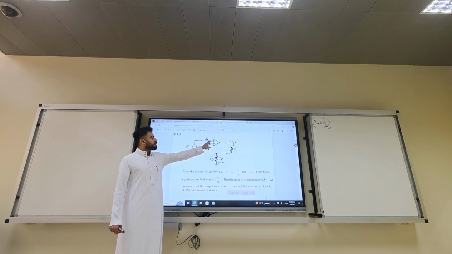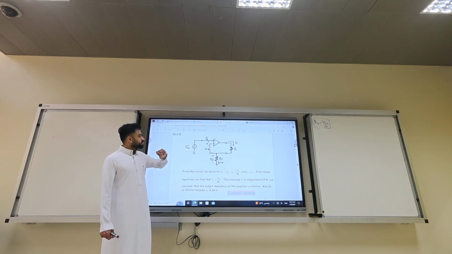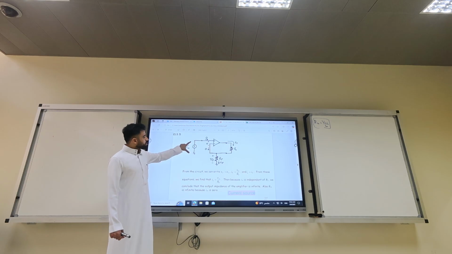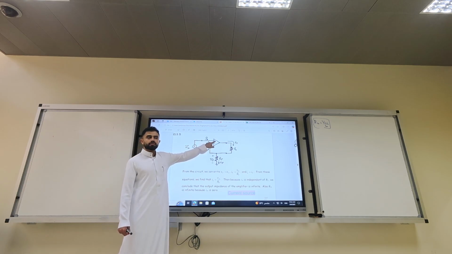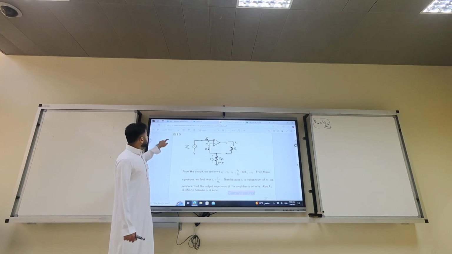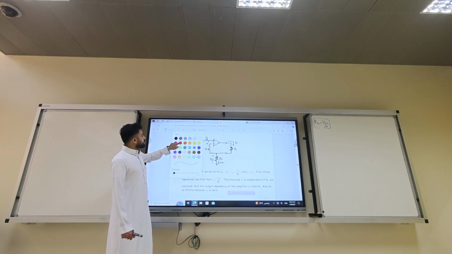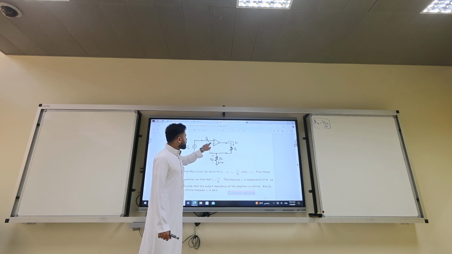Now I have the summing point constraints. V positive equal to V negative. But we are smart enough. Because V input, what's the voltage drop at the positive terminal? V input. Now we have what? We also have here, what's the voltage drop here?